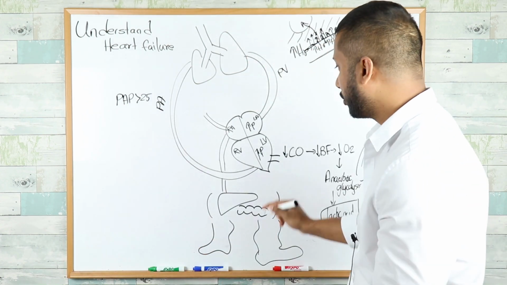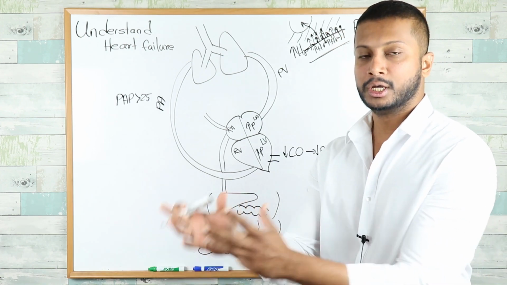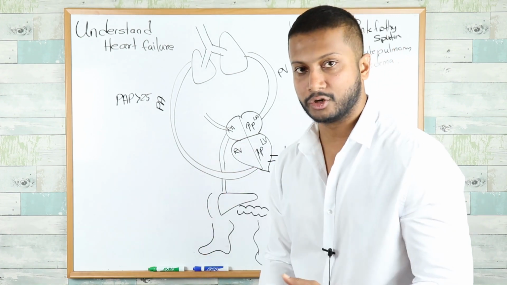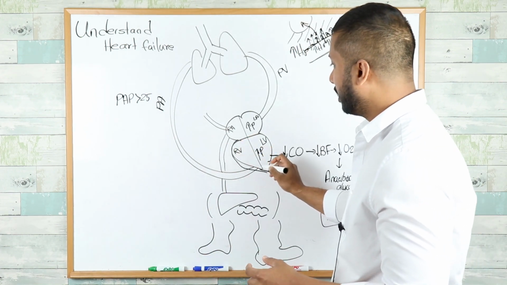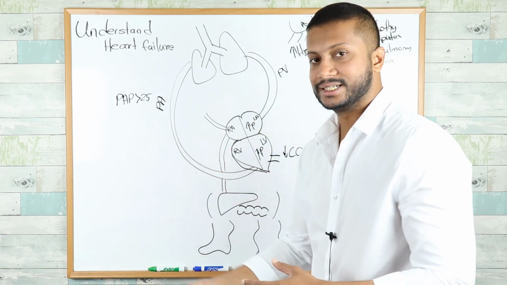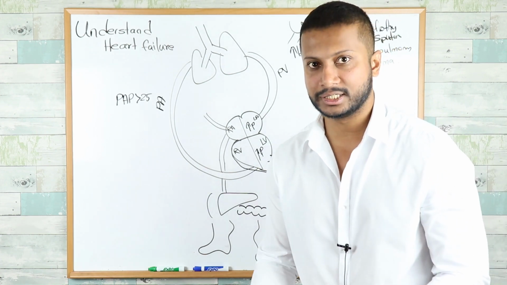Once that happens, your right ventricle is supposed to pump against a very high pressure, and when this happens, your right ventricle is going to start to fail. Once your right ventricle starts to fail, your right atrium will start to fail, and this is known as right-sided heart failure. When you think about right-sided heart failure, you get other symptoms.